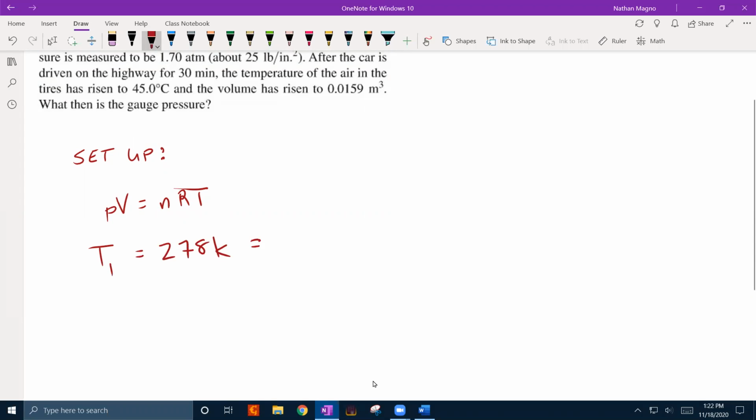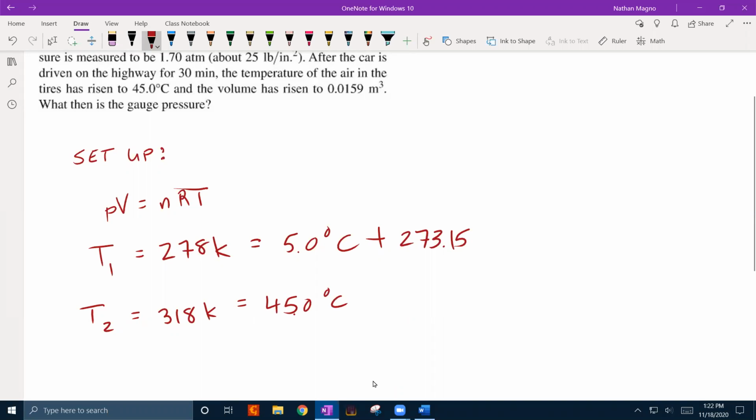And to get that conversion, you do 5 degrees Celsius plus 273.15. And that will give you 278. The final temperature of the tire is 45 degrees Celsius. And in Kelvin, that is 318 Kelvin, equal to 45 degrees Celsius plus 273.15 here.